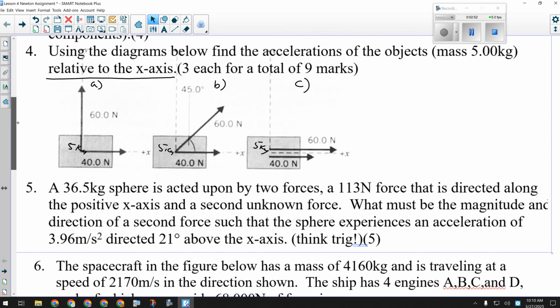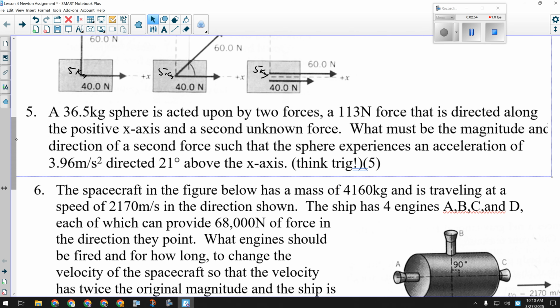Okay, question number 5 is a vector question, but it's kind of backwards. In question number 5, you have the mass, and you have the acceleration, both magnitude and direction. It tells you that there are 2 forces acting on this mass, but it only gives you one of them.